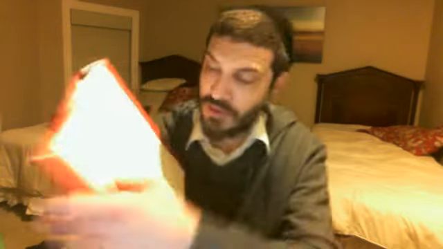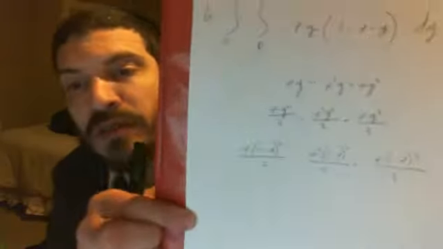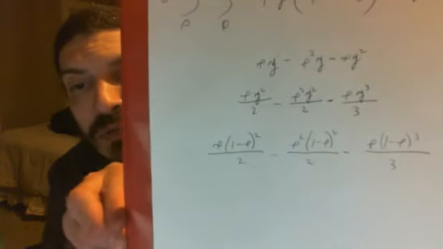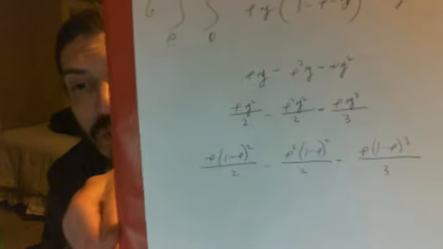Let me show you the line first to see how hairy this gets. This is the last line: x times (1 minus x) squared over 2 minus x squared times (1 minus x) squared over 2 minus x times (1 minus x) cubed over 3.